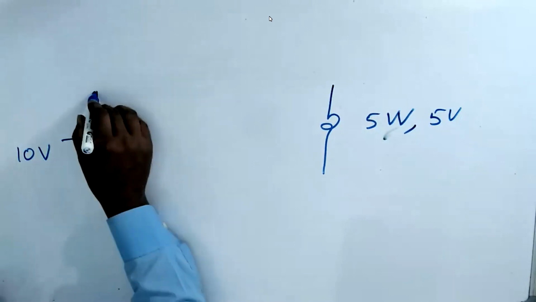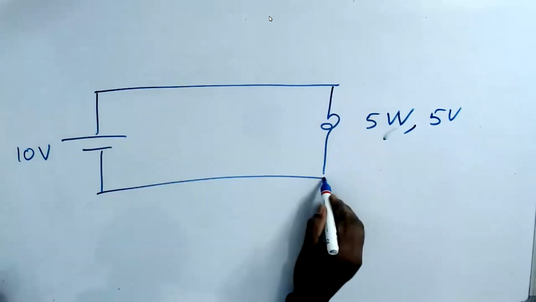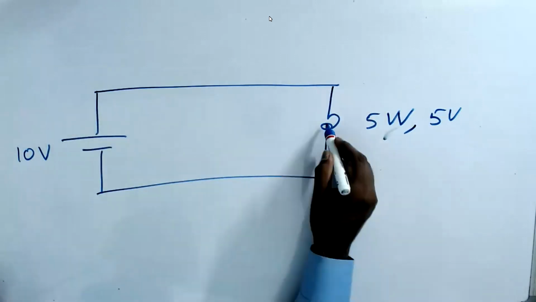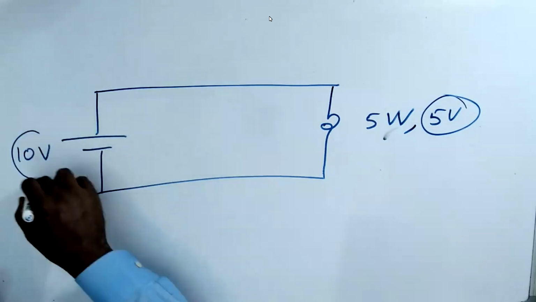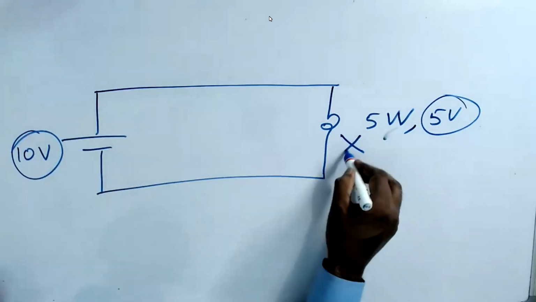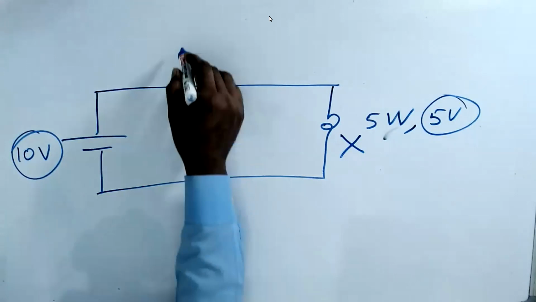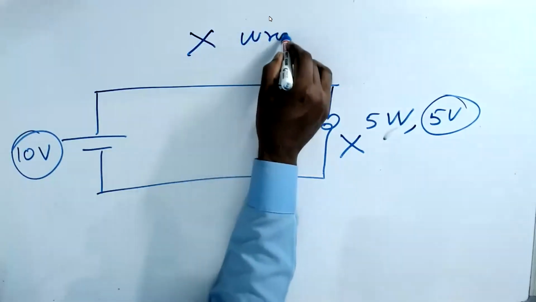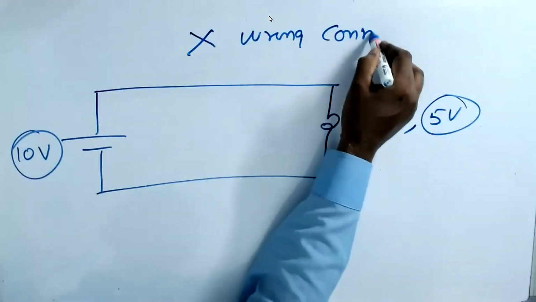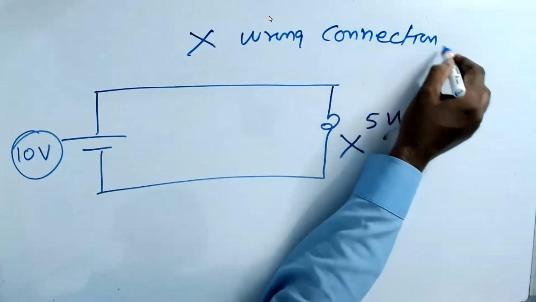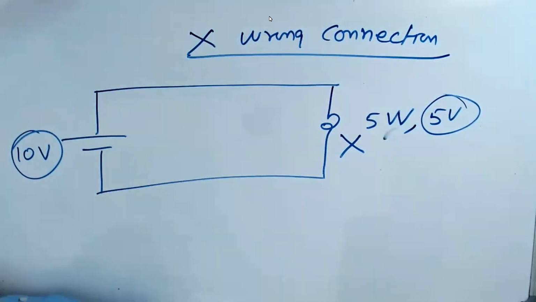If you connect like this, what will happen? This is a 5 volt bulb. You are applying 10 volts. The bulb will get damaged. So this is a wrong connection. You are not supposed to do that.